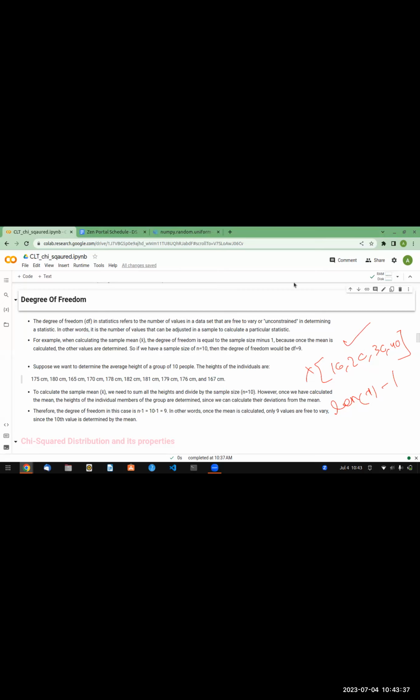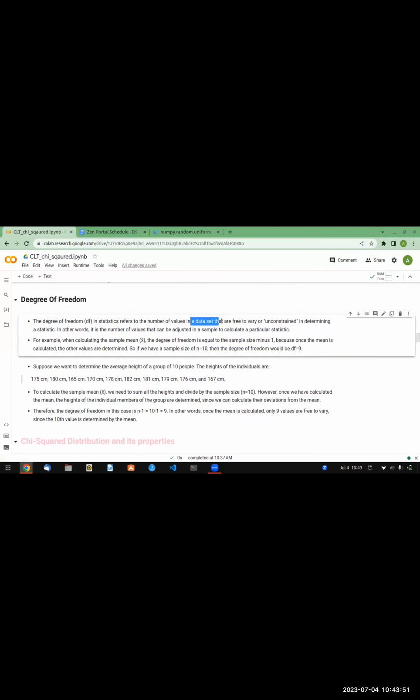Now let me read it for you, so that you can understand. This is the gist of it. The degree of freedom, in statistics, refers to the number of values in the data set that are free to vary or unconstrained in determining a statistic. I'll come to what this free to vary means.